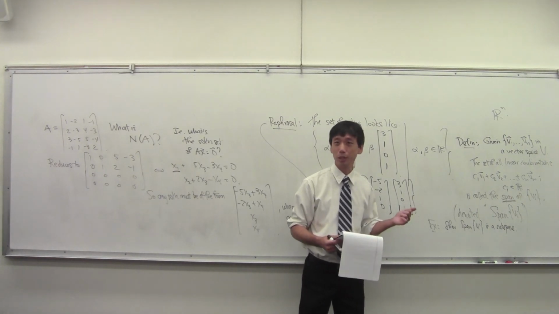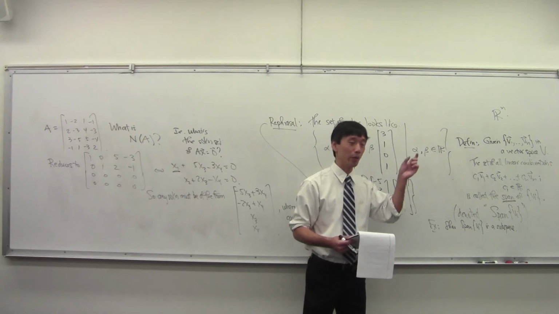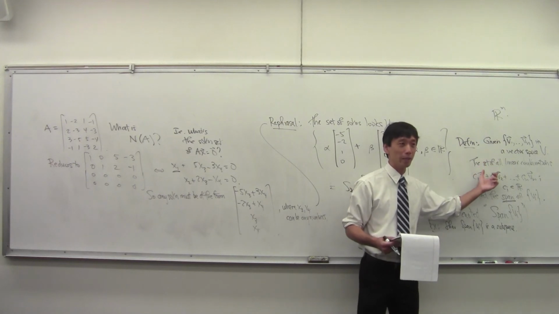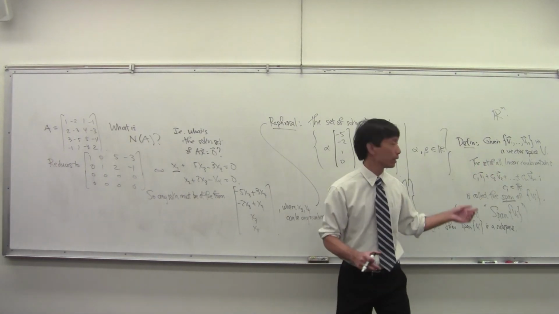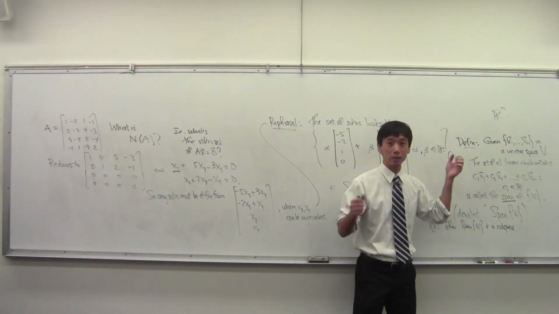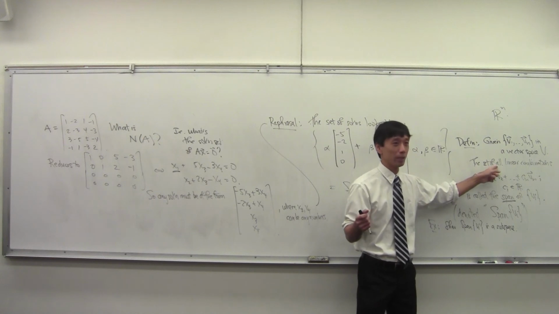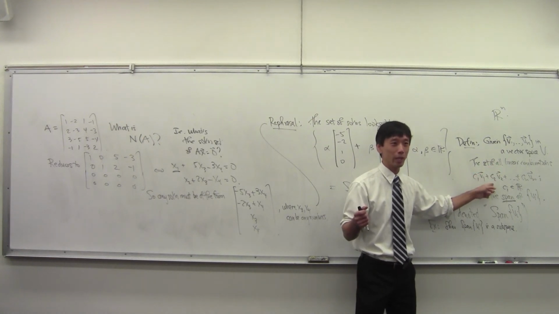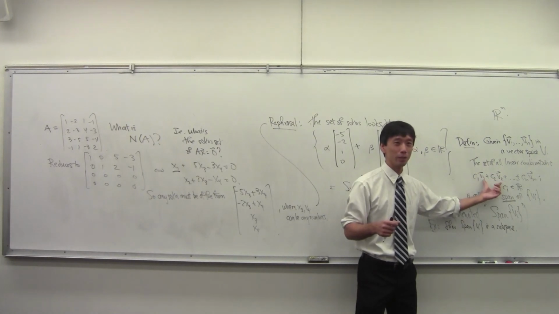There are two things you need to show: closed under vector addition and closed under scalar multiplication. So let's talk this one through. Let's think about closed under addition. If you have something in the span that is a linear combination, and you have another thing in the span that's another linear combination, and you add them together, you get something in the span?